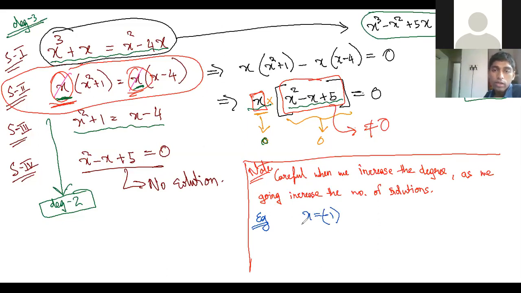This is a simple equation having just one solution, which all of you can see. But now what happens if you square on both sides? x square will be equal to +1. Now if x square is equal to +1, what is the procedure? I just told you, you have to take it on the other side. This becomes x square -1 equal to 0.